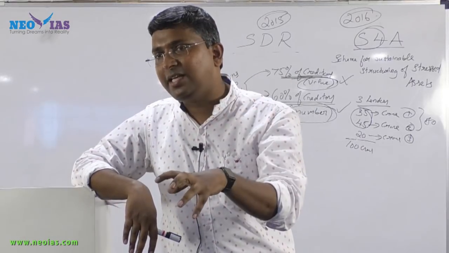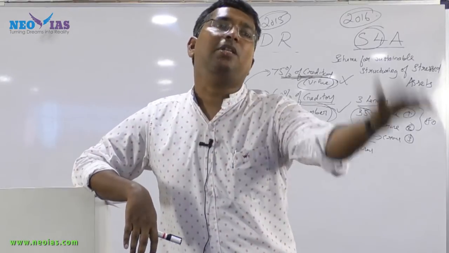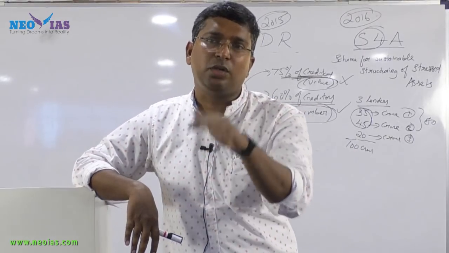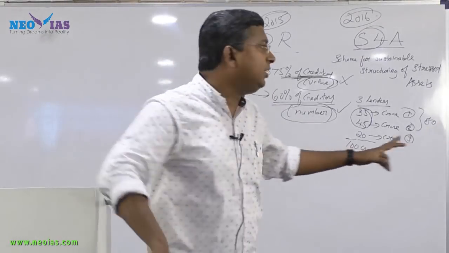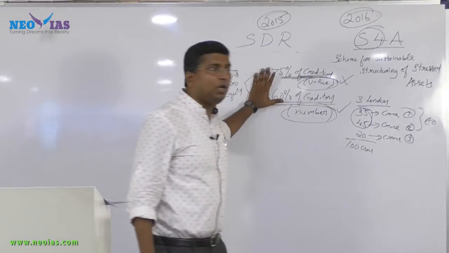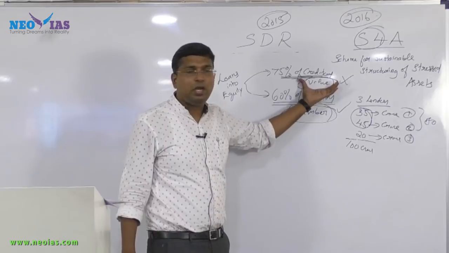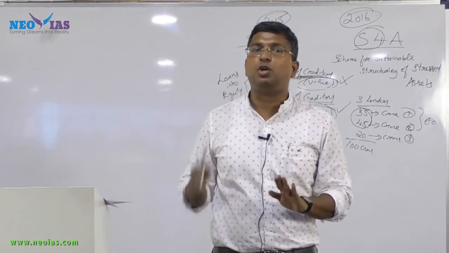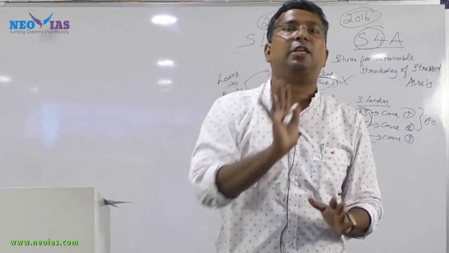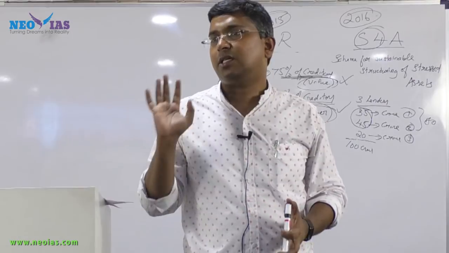The outstanding loan or debt will be converted to equity. But for that to happen, these two conditions have to be satisfied: 75% of creditors by value and 60% of creditors by number have to agree to convert this loan into equity. This is sufficient from your strategic debt restructuring point of view.